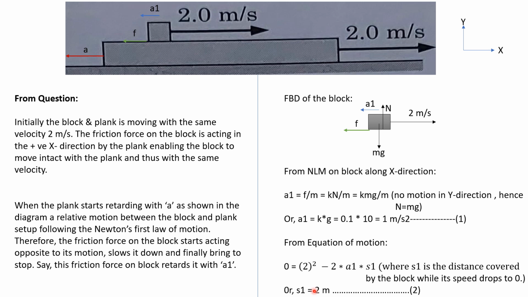So from here we obtained S1 is equal to 2 meter with respect to the ground. Because we are observing from the ground, this equation of motion we are writing is with respect to the ground. So an observer standing on the ground will see that this block has moved a distance of 2 meter in the x direction.